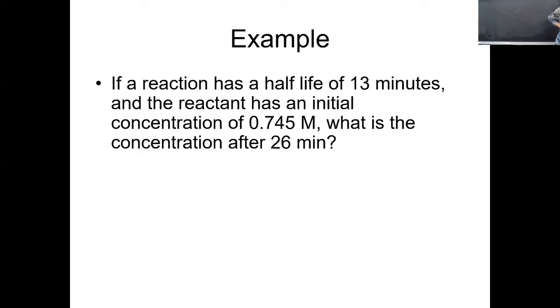So let's say I have a reaction that has a half-life of 13 minutes. The reactant has an initial concentration of 0.745 molar. That's A at time 0. And I want to know the concentration after 26 minutes.